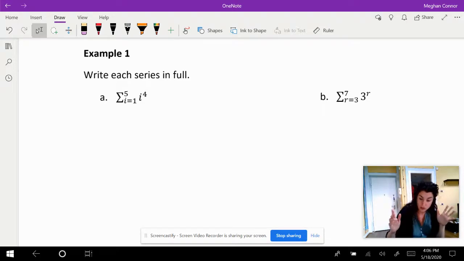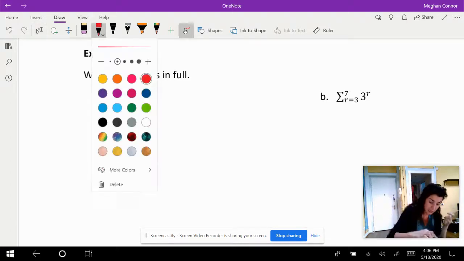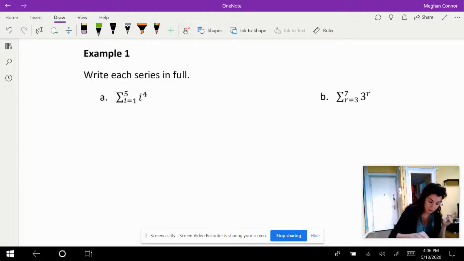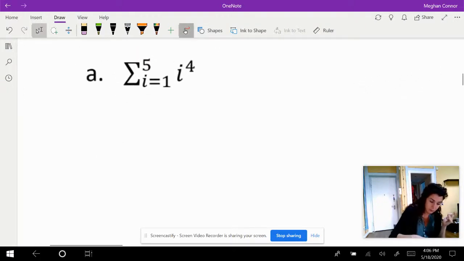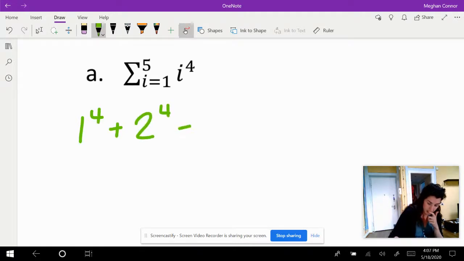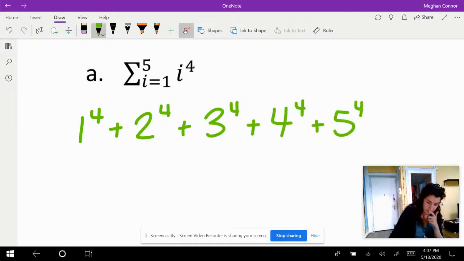We don't have to calculate it at all, so we're just writing it. So it's 1 to the fourth plus 2 to the fourth plus 3 to the fourth plus 4 to the fourth plus 5 to the fourth.